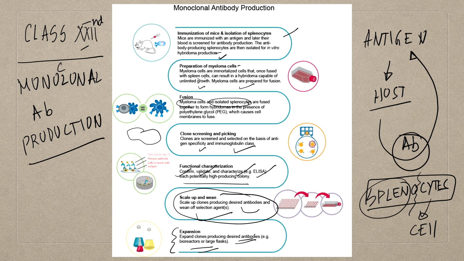So, this whole monoclonal antibody production process is a cellular engineering marvel, where using different cellular technologies, you are fusing cells, producing them in large numbers, isolating them, and propagating them.